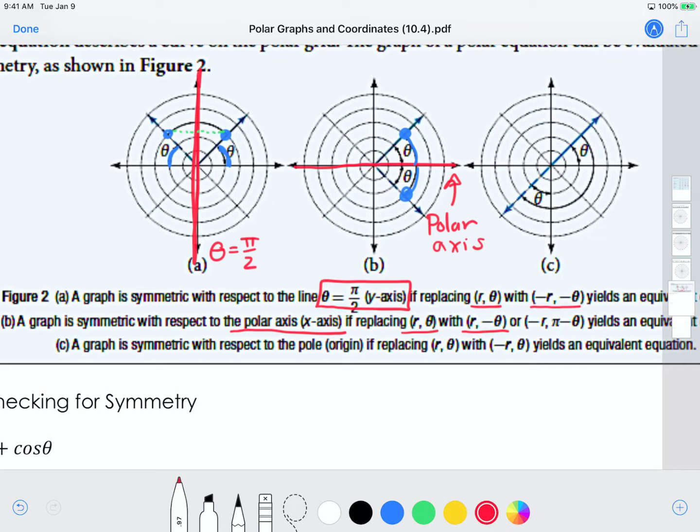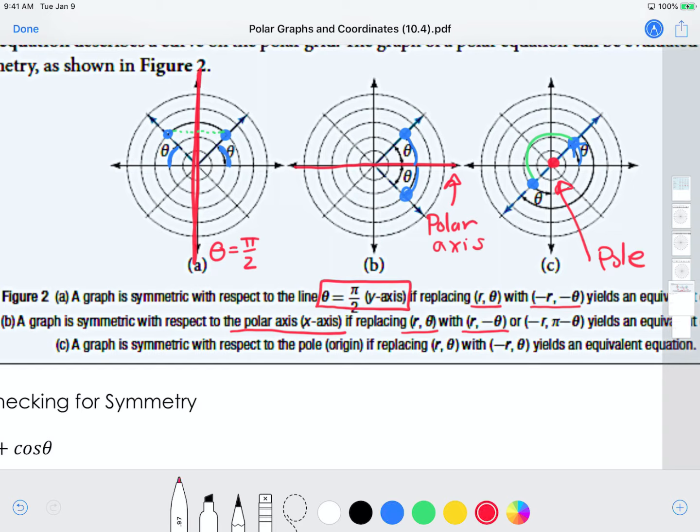The last test is symmetry with respect to the pole. The pole is what we think of as the origin. It's just that center point. That's called the pole. And if we have symmetry with respect to the pole, that means if we open an angle of theta in one direction, and then we add another 180 degrees to that, we're going to have the same point on the other side of that pole.